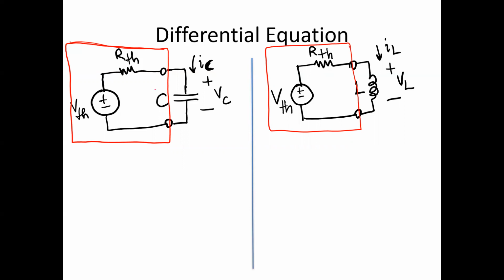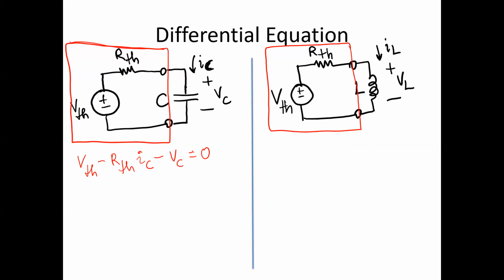If we just apply KVL on the capacitive circuit, we can write that V Thevenin minus R Thevenin times IC minus Vc is equal to 0. Now, the key thing to remember when you're writing equations that have capacitors in them, even when you're using node voltage method, is that Ohm's law does not apply to capacitors.